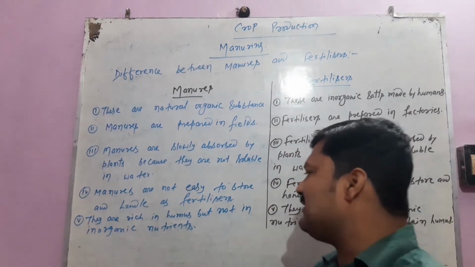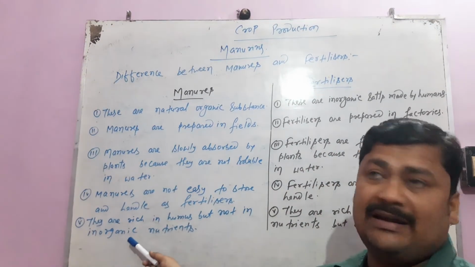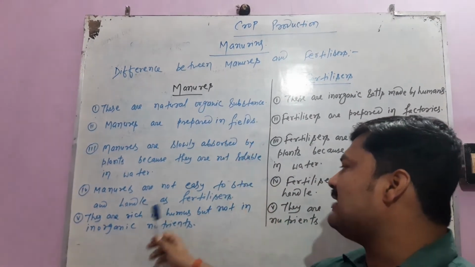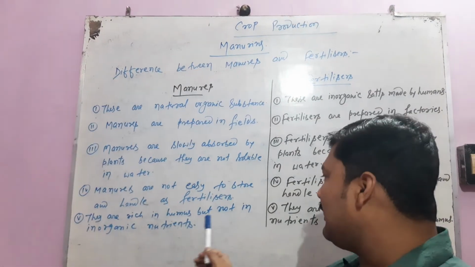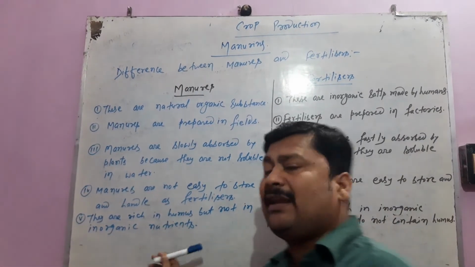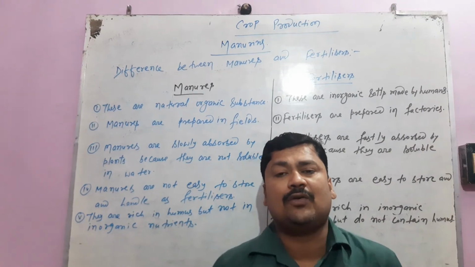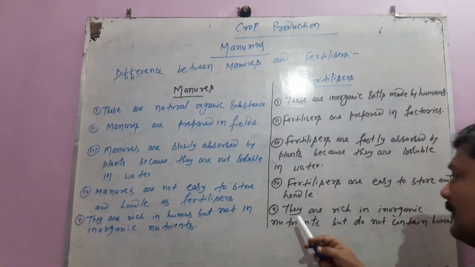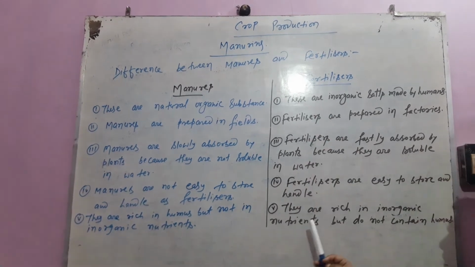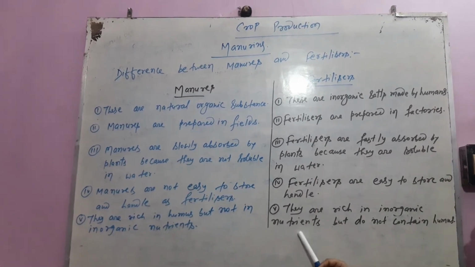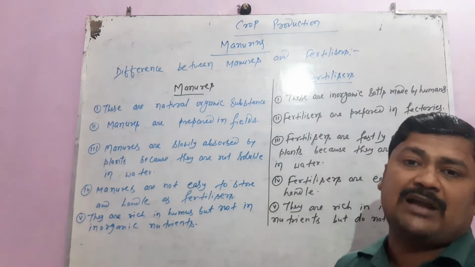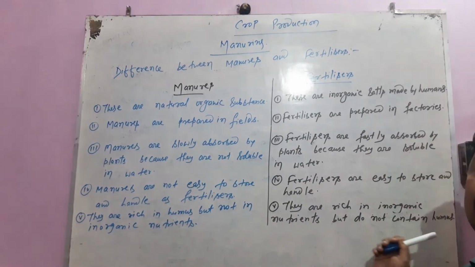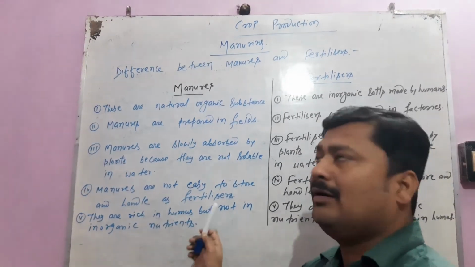Now, the next difference: manures are natural organic substances, so they are rich in humus, but not in inorganic nutrients like potassium, phosphorus, and nitrogen. But what about fertilizers? They are rich in inorganic nutrients like nitrogen, phosphorus, potassium, but they do not contain humus like manures.